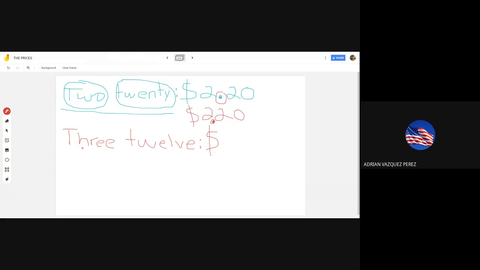Yes, correct. And what is the number 12? Is this one? Is this one? Or this one? Which of these 3 digits is the number 12? If you said this, it is incorrect. If you said this one, it is incorrect. But if you said this one, this is the correct answer. So the price is 3.12.